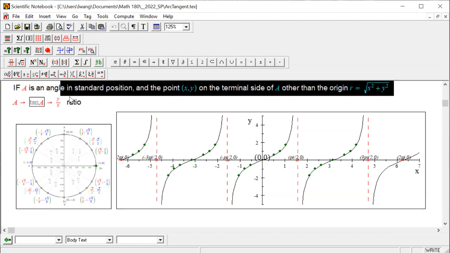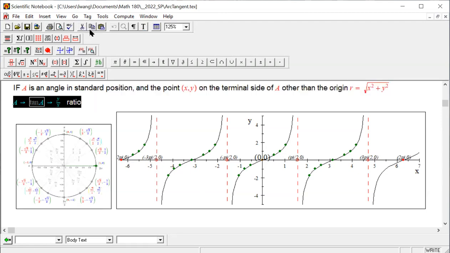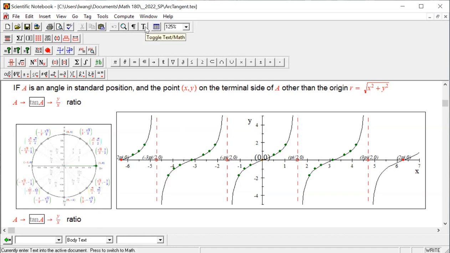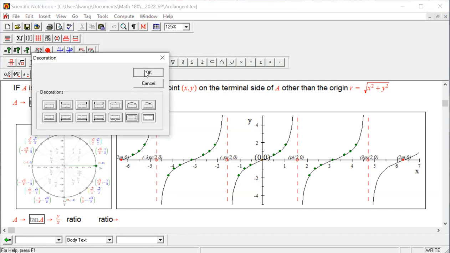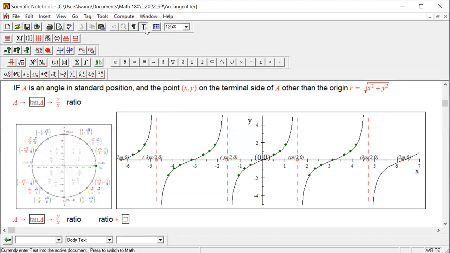So you see, tangent is from angle to ratio. And the new function we are about to create is going to take a ratio as input. We call it arctangent.